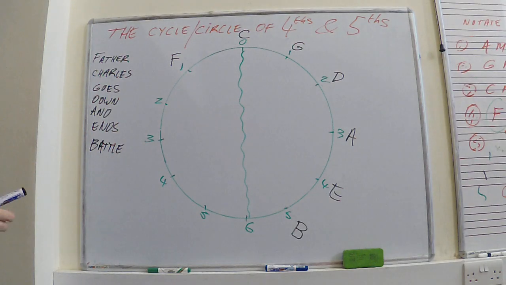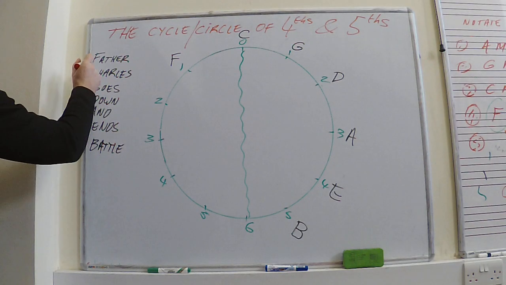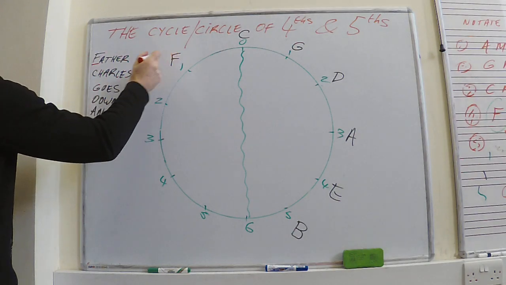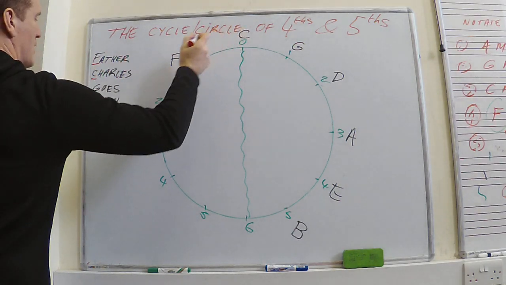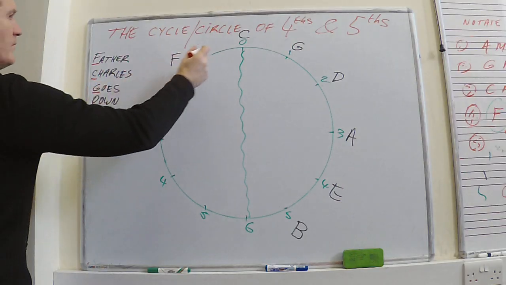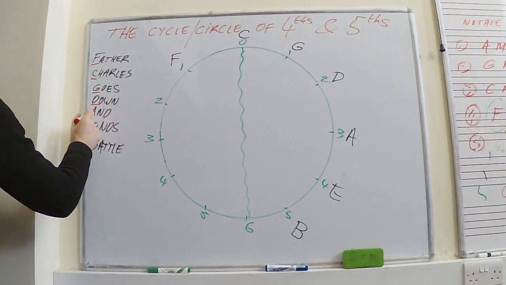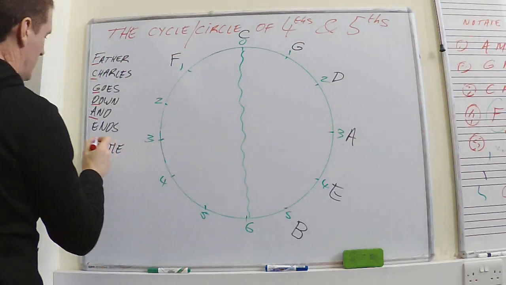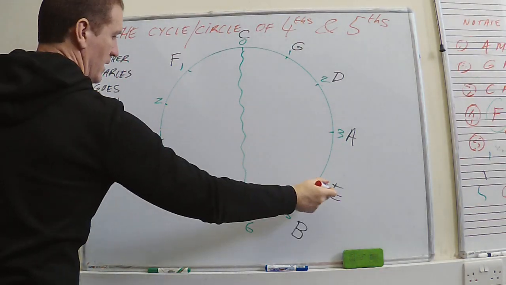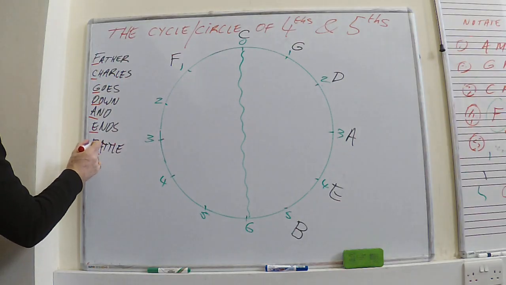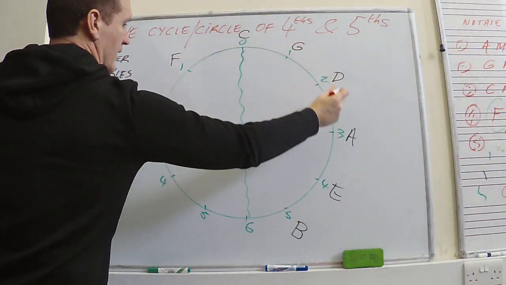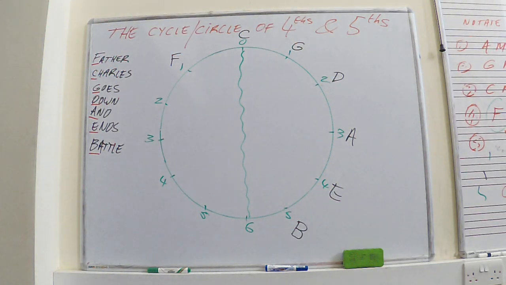If you look at the first letter of each word of that sentence: F, father; C, Charles; G, goes; D, down; A, and; E, ends; and finally B, battle. That's how you know how to name those.